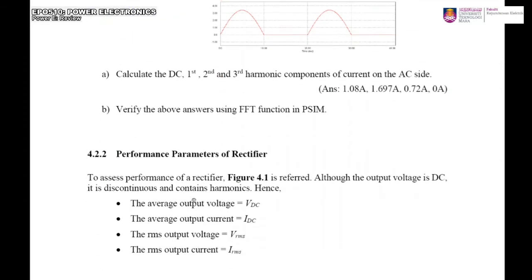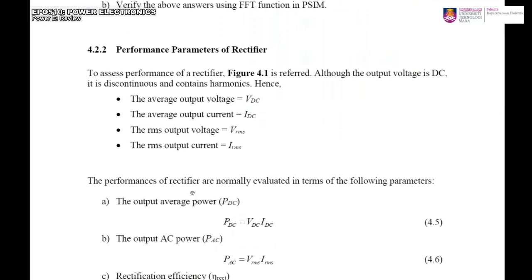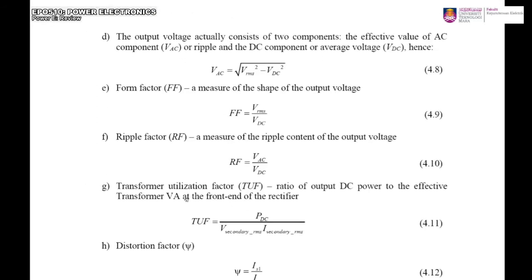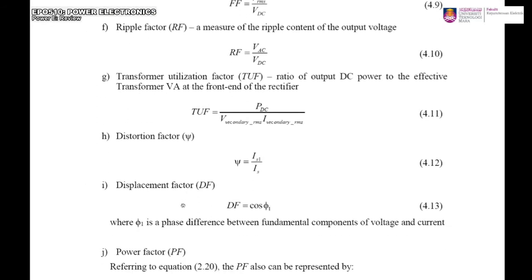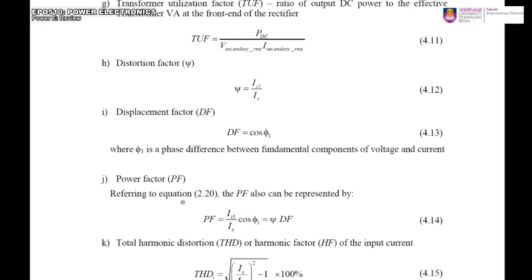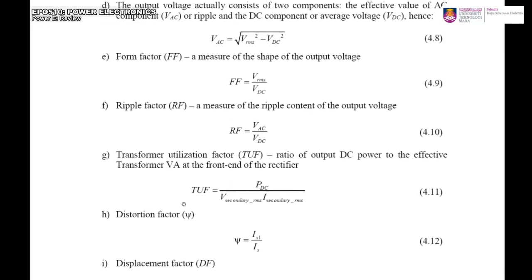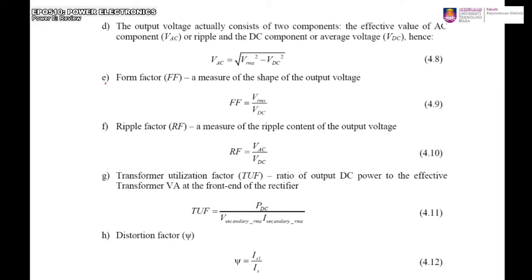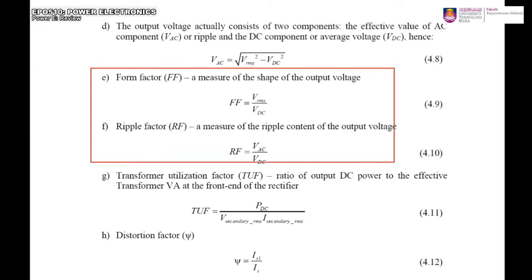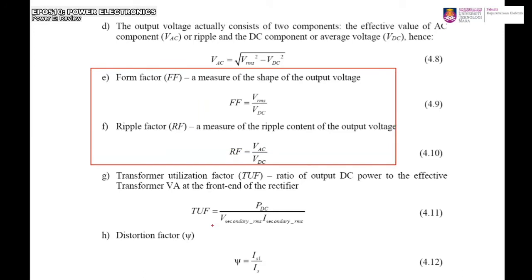Okay, and then we go to the performance parameters. So look back at all of these: power factor, displacement factor, and form factor. These two are also important: form factor as well as the ripple factor.